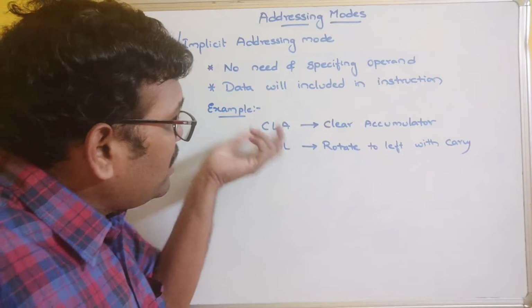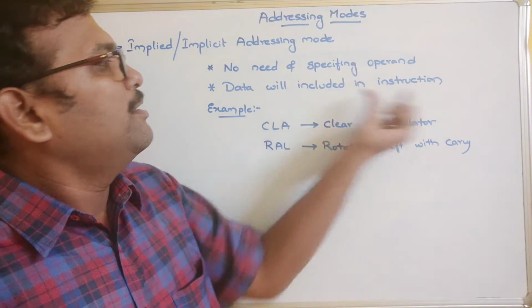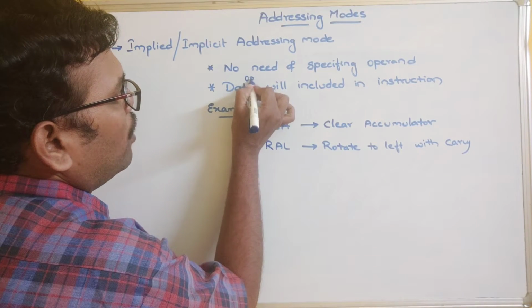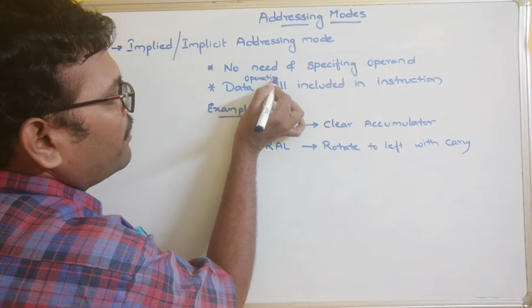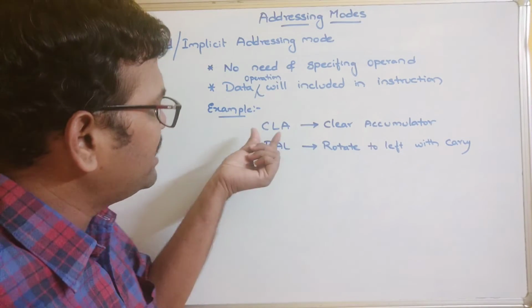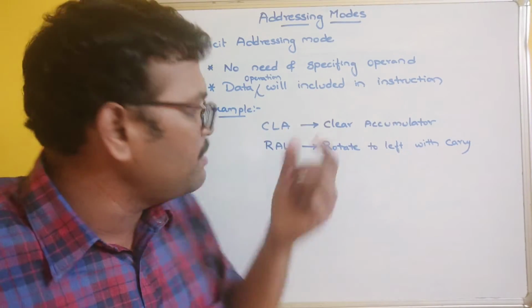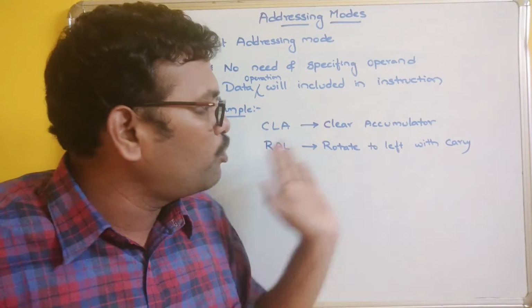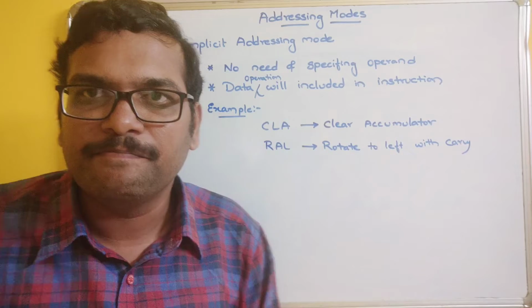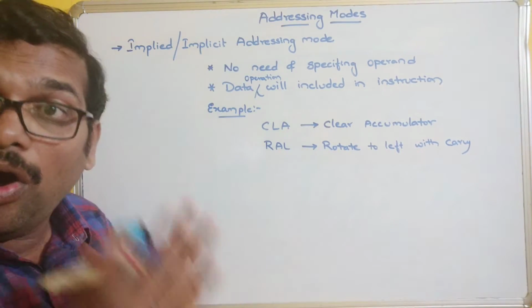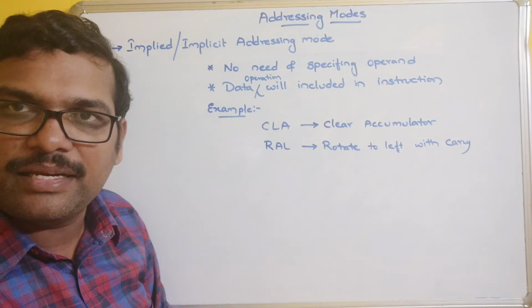The instruction itself will have the data or some operation, the operation which we need to perform, included in the instruction itself. Simply by using CLA, it will clear the accumulator. Simply by using RAL, it will rotate the content of the accumulator to the left along with the carry, right? That we call the implied addressing mode or implicit addressing mode.